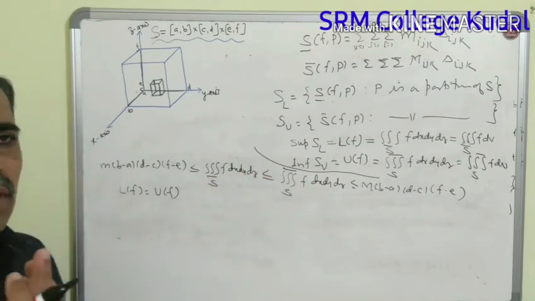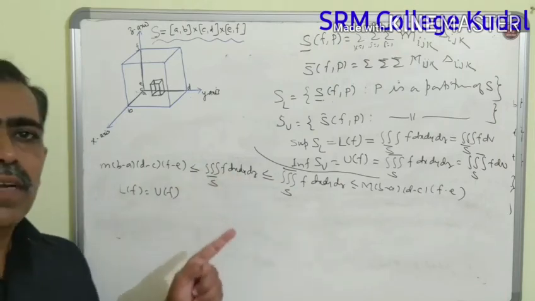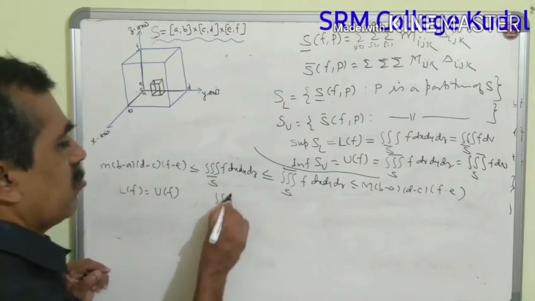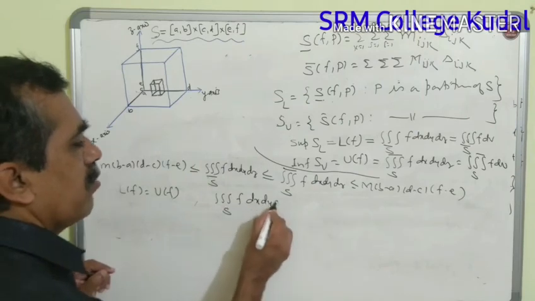That definite number is called the triple integral of f over S, and it is denoted by this notation, triple integral of f over S dx dy dz.